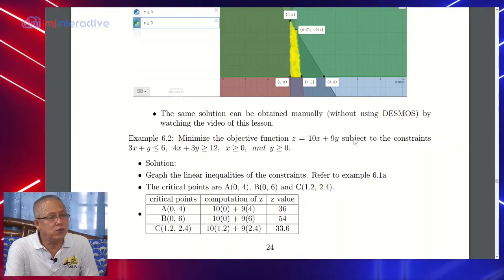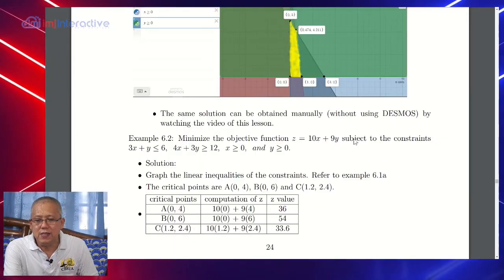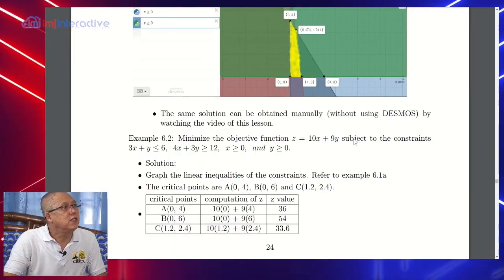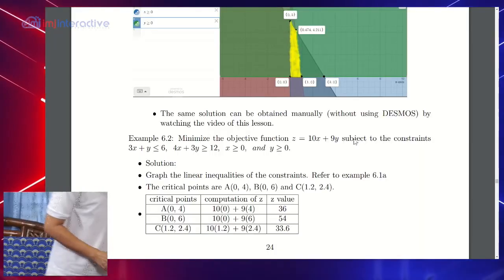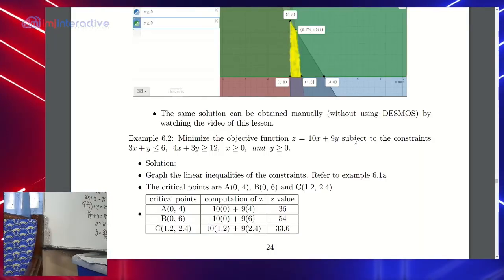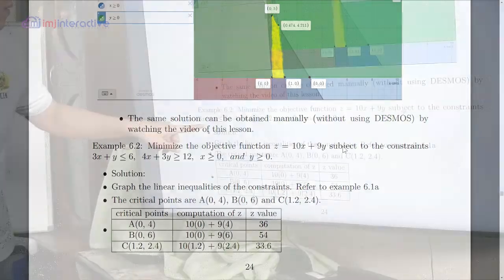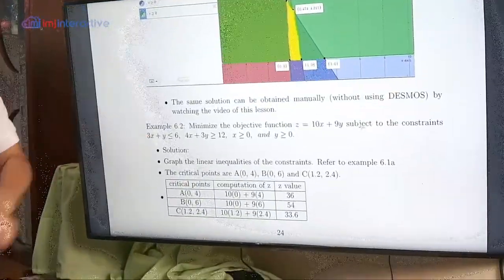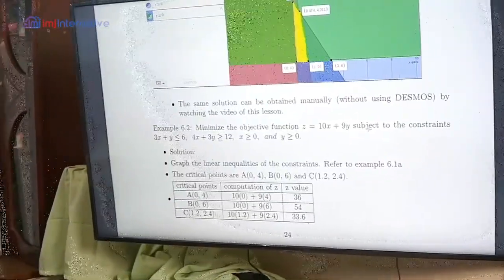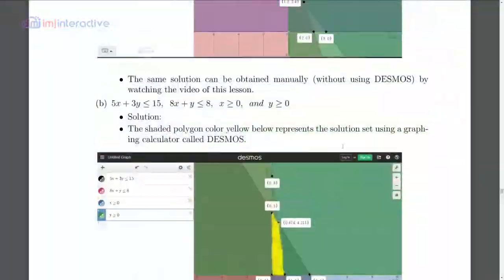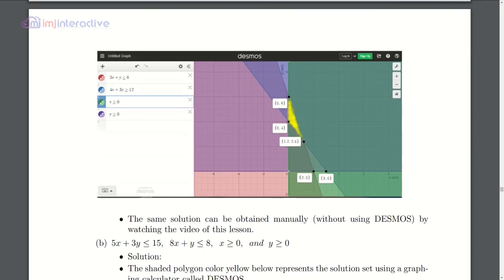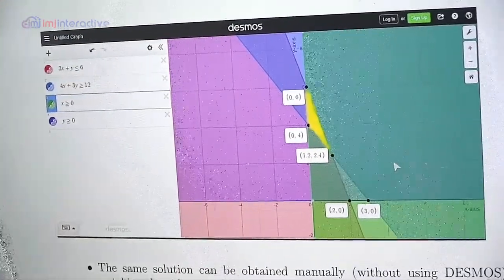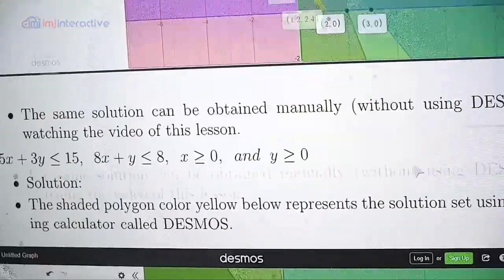Since we were able to graph the constraints, the constraints here are actually the inequalities that we have for the first example. So we just have to get the critical points of the first example, and they are actually here: 3, 0, 6, 0, 4, 1.2, 2.4. So those are the critical points.